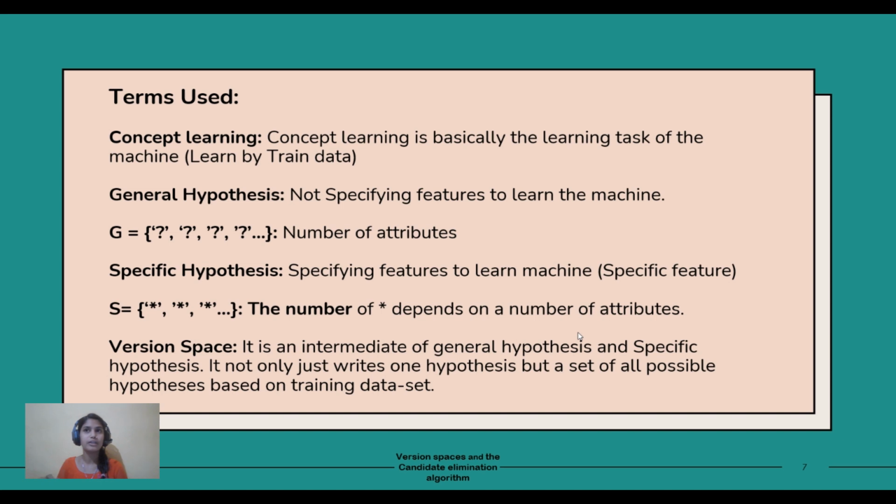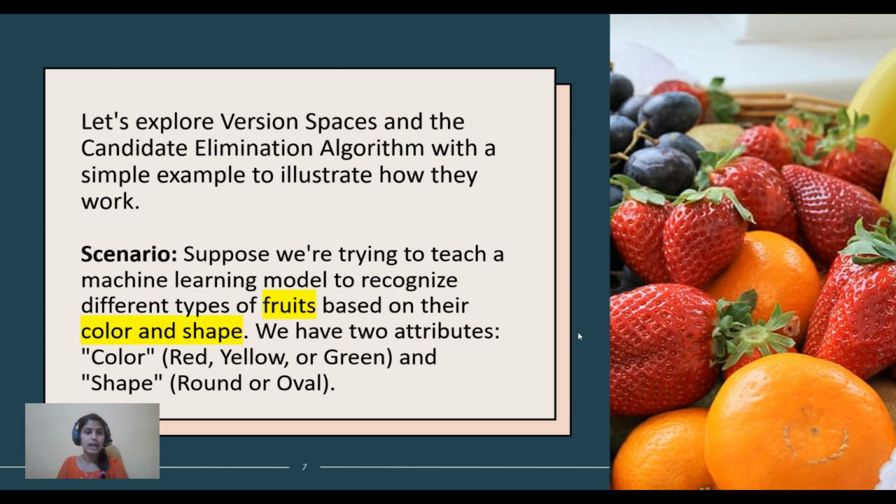We cannot say that version space contains only general hypotheses or only specific hypotheses. It is intermediate of both of these hypotheses. So let's go further.